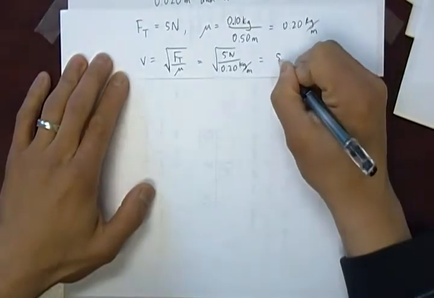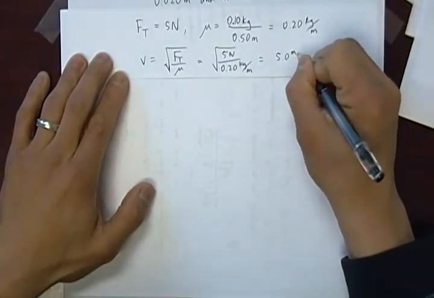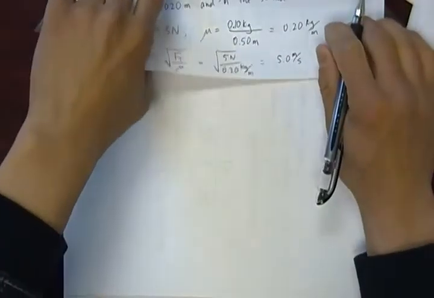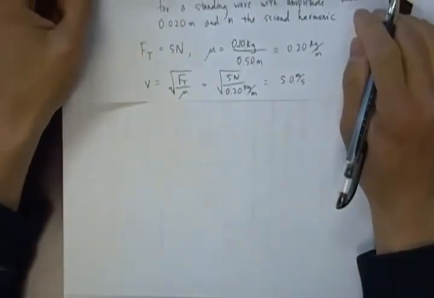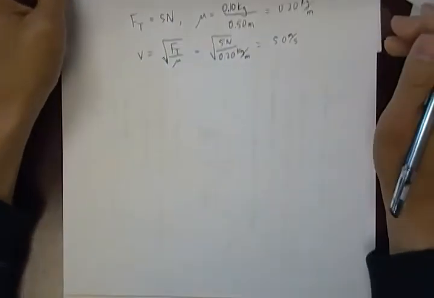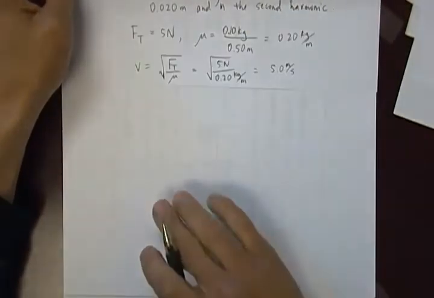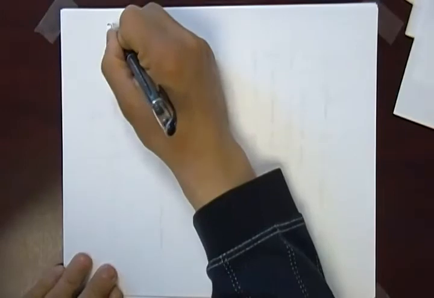And that comes out to 5.0 meters per second. So that's the wave speed. But we're still not close to being done with this. So what else do they tell us? They tell us second harmonic. So let's look at the second harmonic.